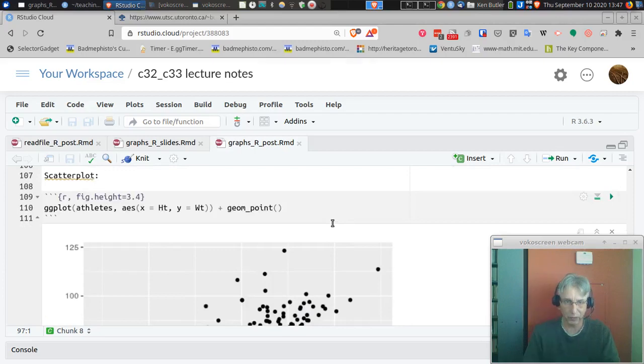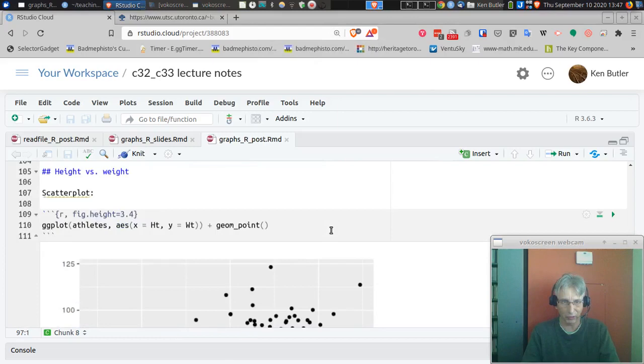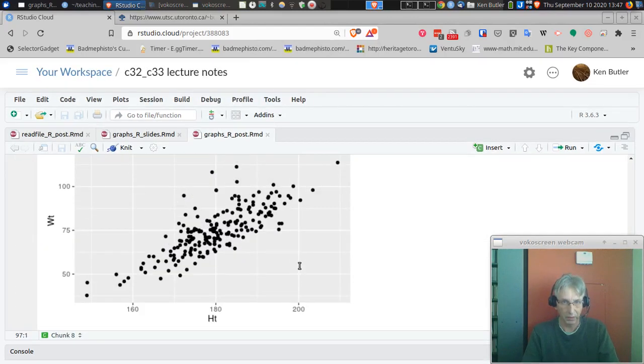And then we'll make it smaller again. I remember getting very annoyed by this last year. Smaller again. There we go. Height on the x, weight on the y. Now, you might be looking at those numbers on the axes and thinking, what kind of units are these? I didn't actually tell you.